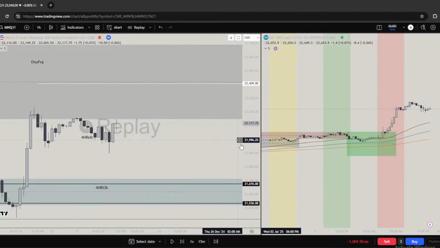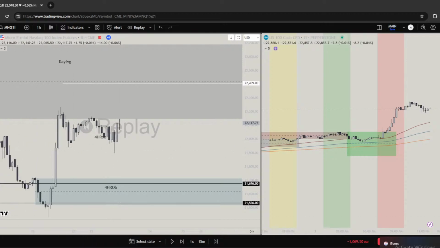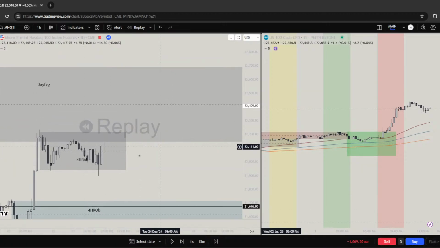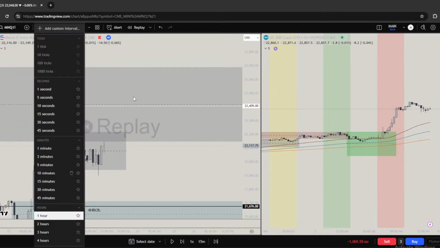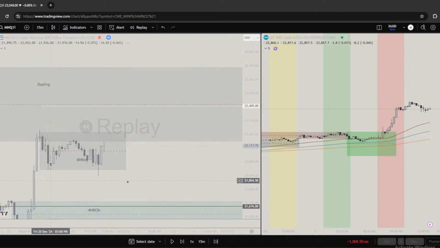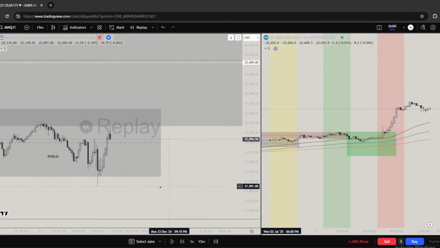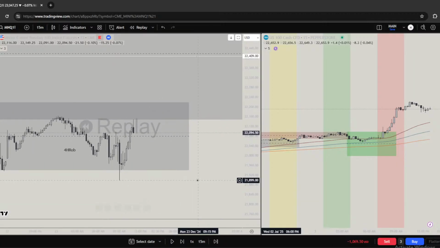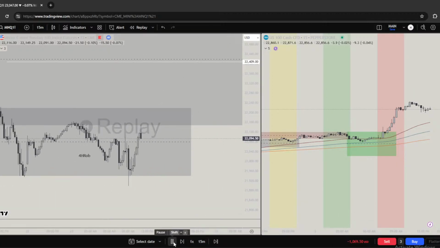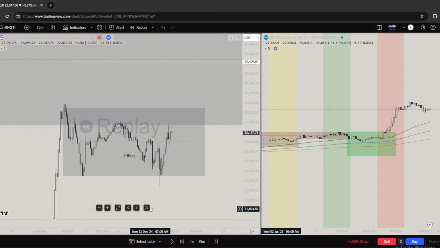I still think this goes back up to the high. Any displacement back higher, I still think that goes back up to the high. Hold on.